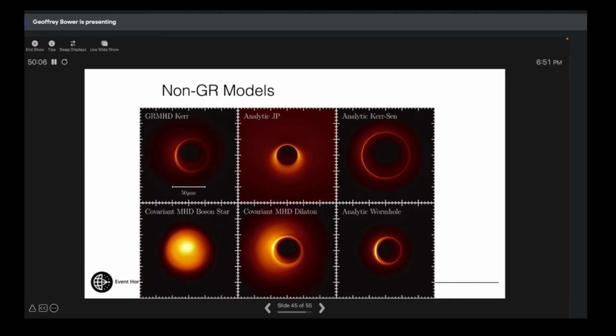We also do some comparison against non-GR, non-standard black hole models, and do some ray tracing of these. And these are just some of these examples. So for instance, boson stars do not predict a shadow, and some models predict different diameters.